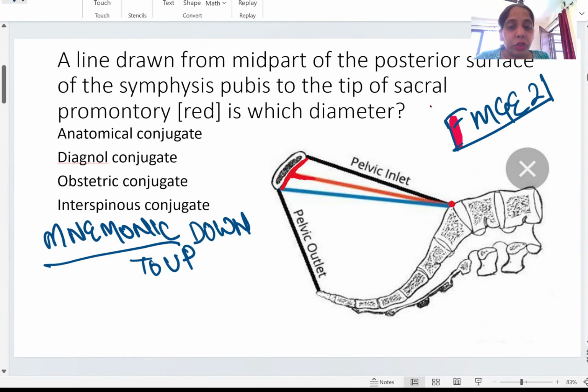Yes, very good. So the answer to this is obstetric conjugate.